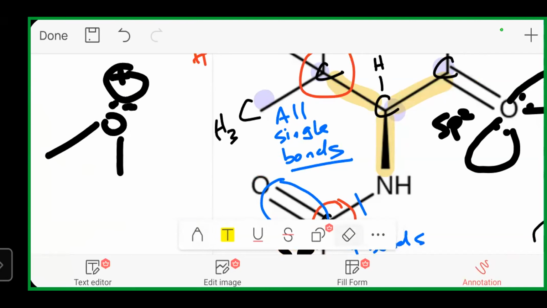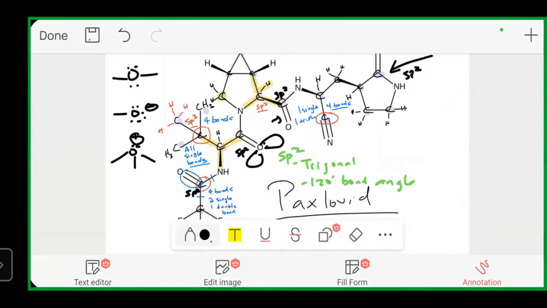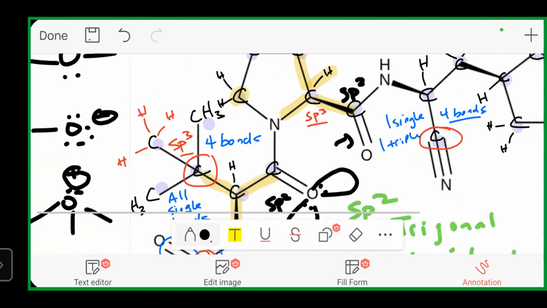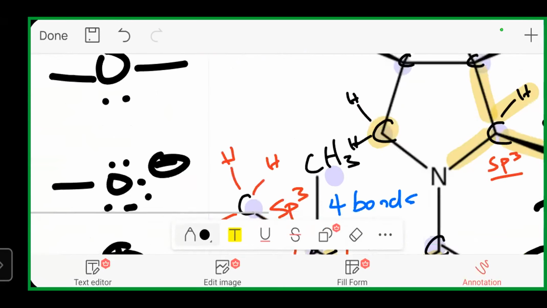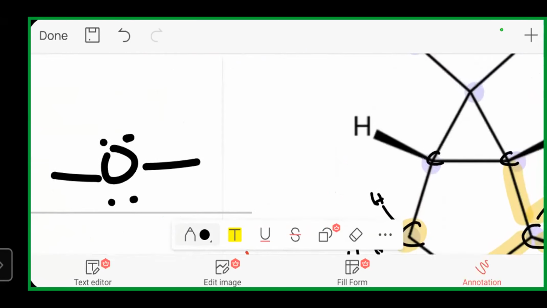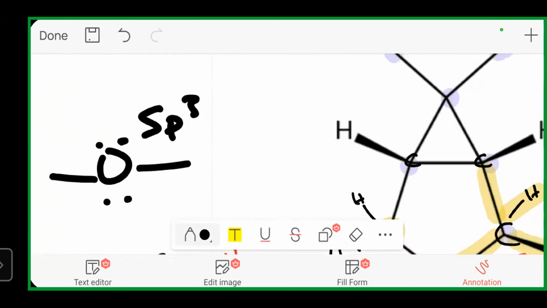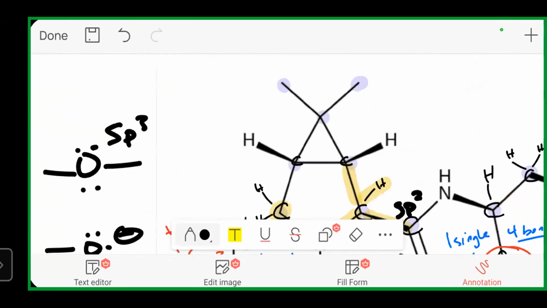What I want you to notice is each one of these has a specific hybridization state. So here, this is going to be sp3. You can see that the 2 lone pairs are a group, and then you have 2 single bonds or 2 sigma bonds to it. So that's 4 groups around that oxygen.